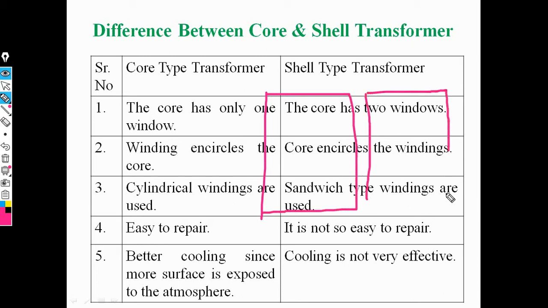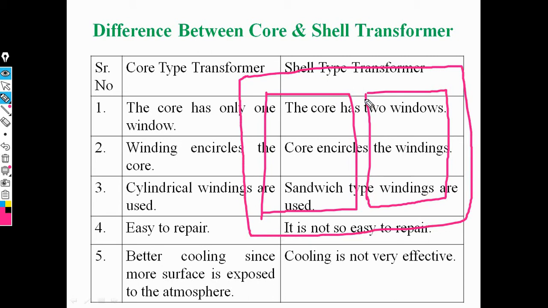but in the shell type transformer, the winding is placed on the central limb of the transformer. This is the primary winding here, and here the secondary winding, P for primary, S for secondary.